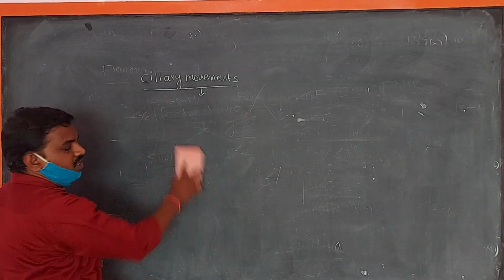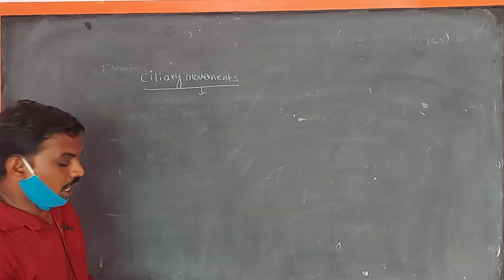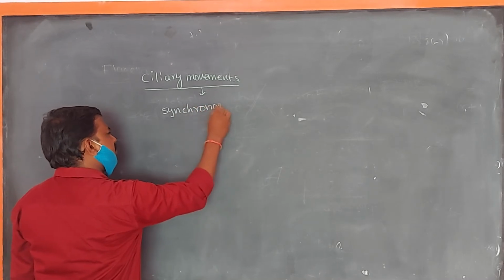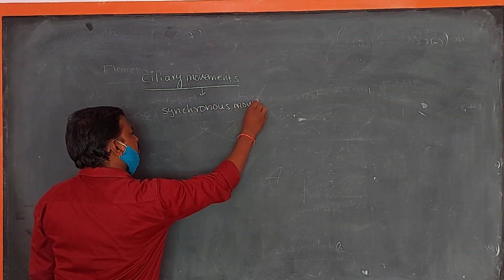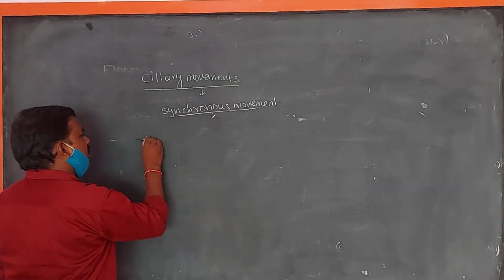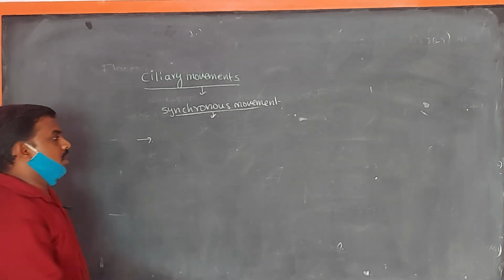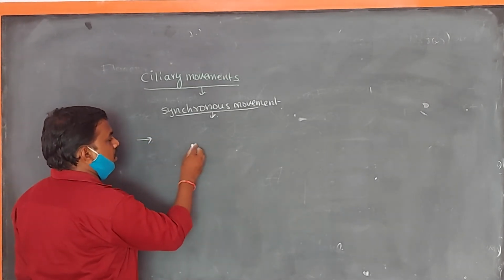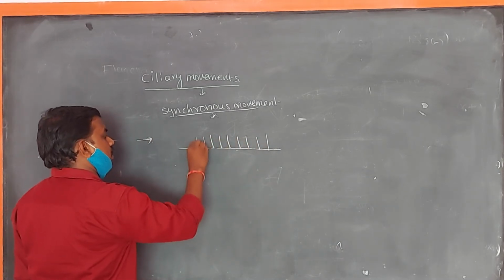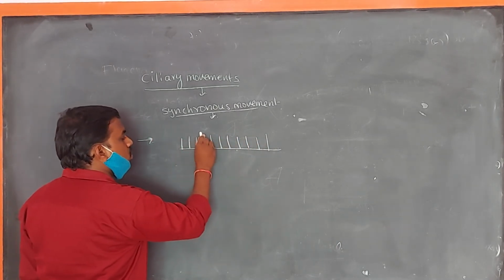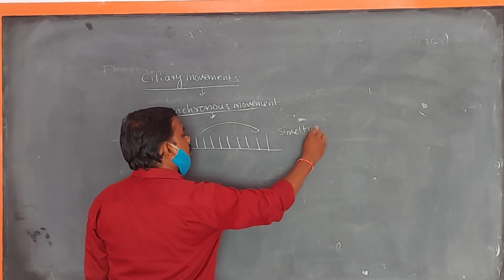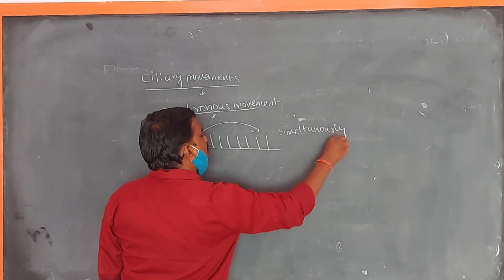What are the differences between synchronous and metachronous movements? First one, synchronous movement. In this synchronous movement, the transverse row of cilia moves simultaneously in one direction.